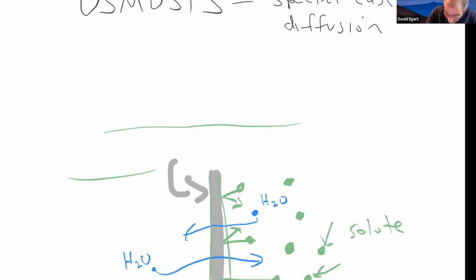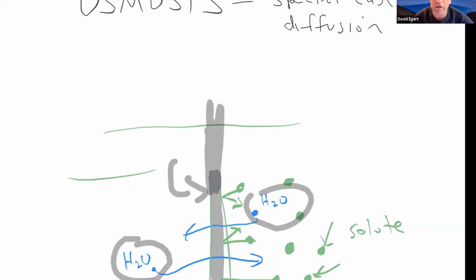So what is going to happen here is water now actually has an unequal gradient.